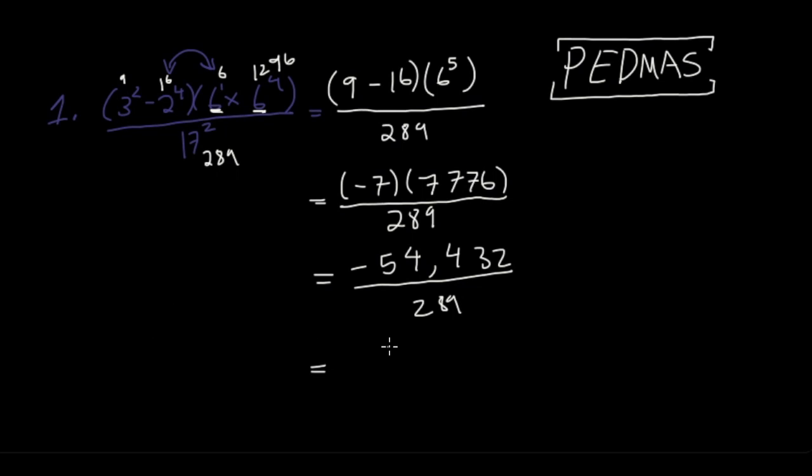That leaves us with a negative 188.35 if we round to the second decimal. So, we see here how we can apply the different rules whilst keeping in mind the order of operations. Let's do another example, just so that we're sure that we understand it.